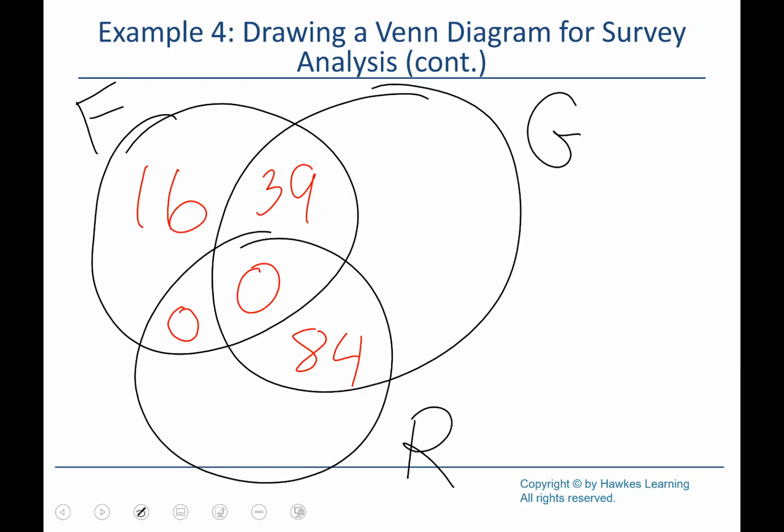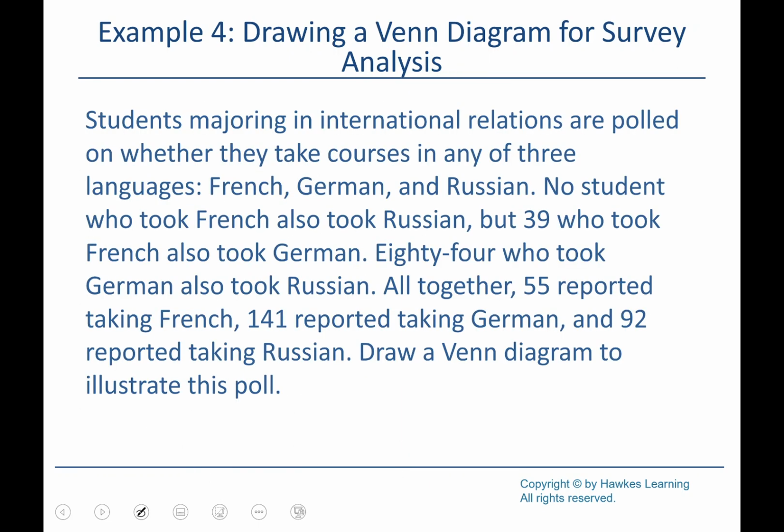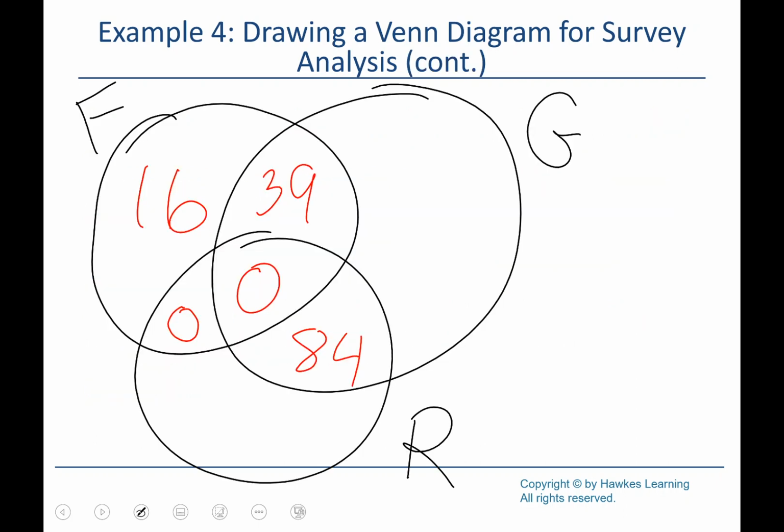Okay, 2 more. We're almost there. Now this 141 reported taking German. So our German circle has to total up to 141. On this one, we do have a couple of numbers we have to subtract. So we have to do 141 minus this, minus this, minus this. Minus 39, minus 0, minus 84.